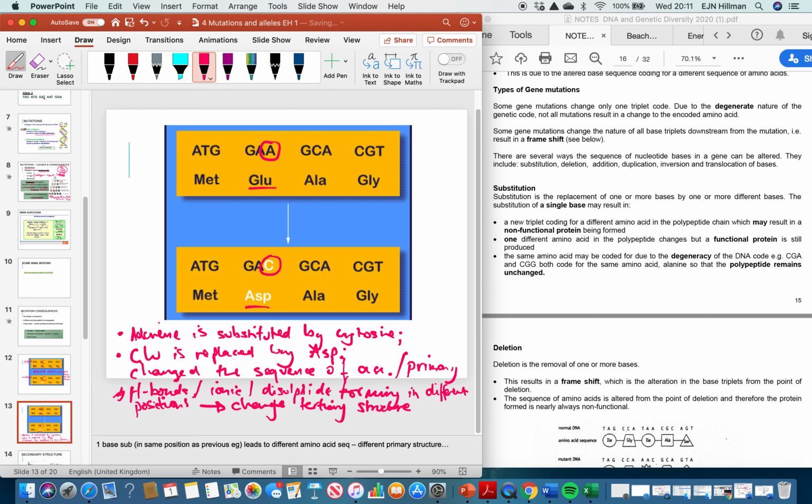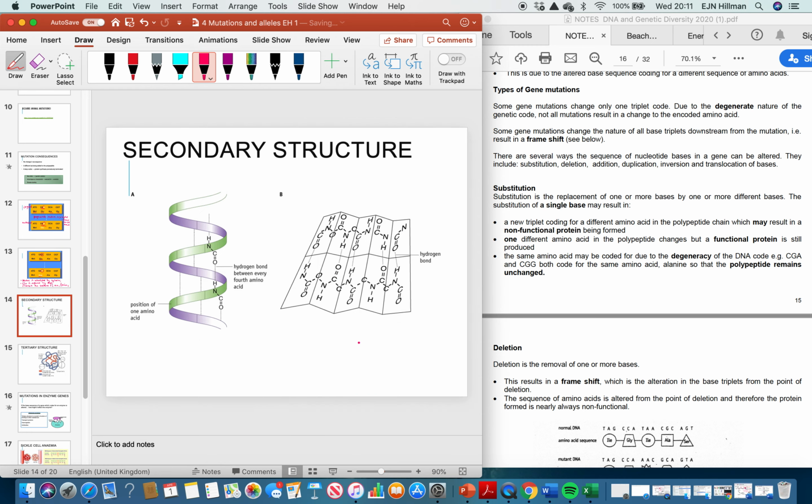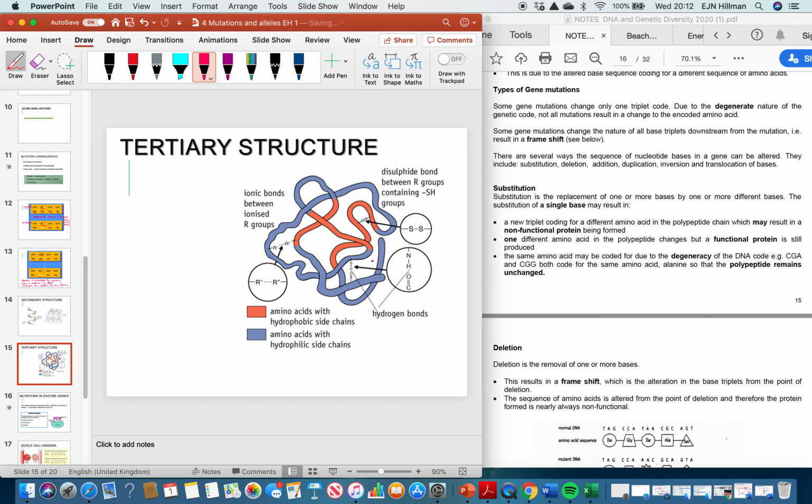You must mention this change to the position or the location that hydrogen, ionic and disulfide bonds form, and also the outcome of that is a change to the tertiary structure. So we get a change to the primary structure, and then a change to the tertiary structure, because these bonds form in different positions.